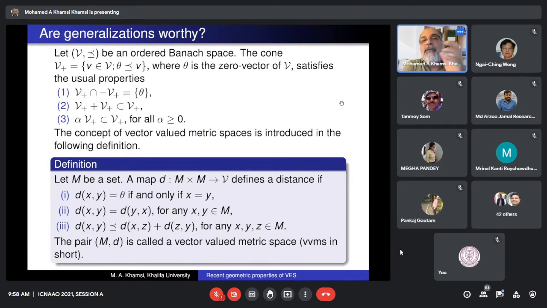Now, if you look at all his examples, you will find that condition 2 is satisfied. But as I told people before, condition 2 is not natural. It is natural if you are in Euclidean geometry, the distance between 2 points.